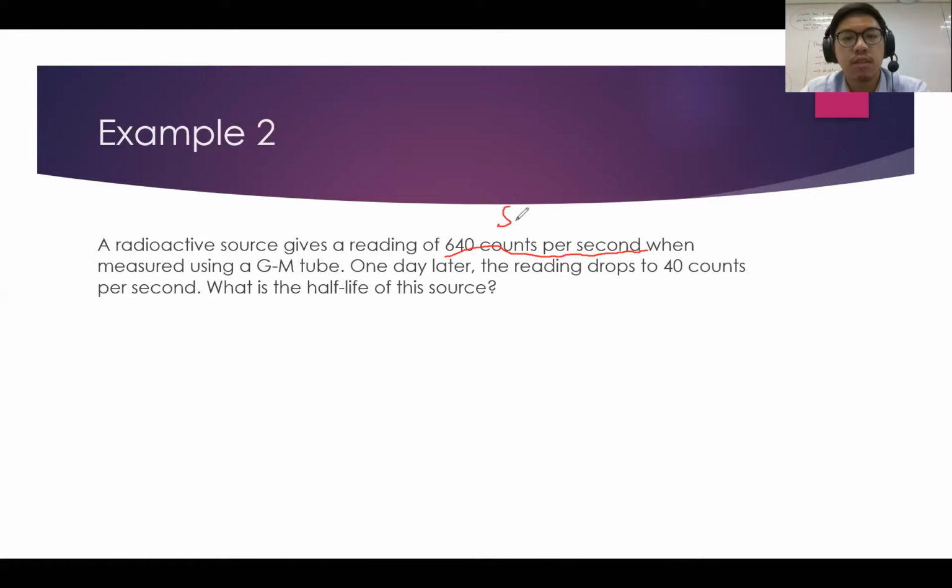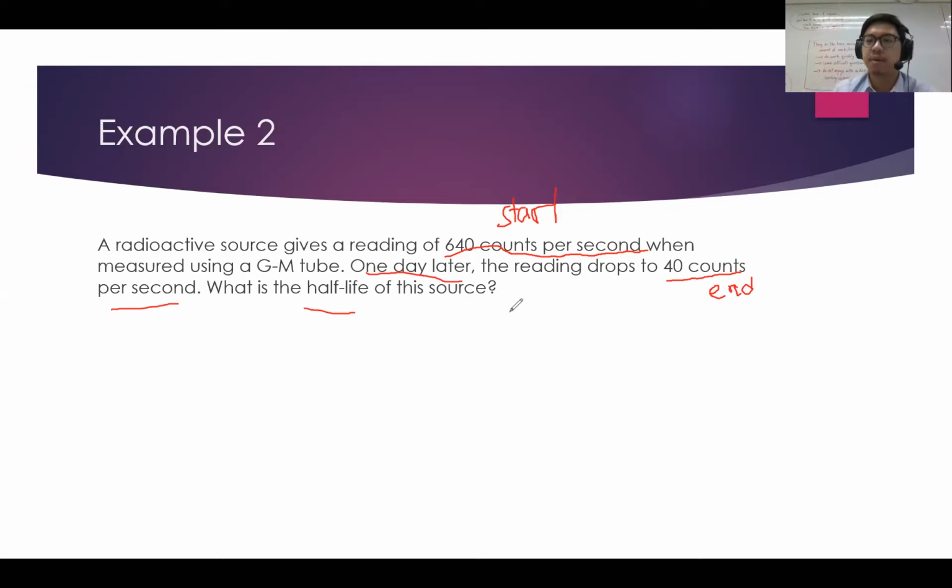So that's what you started with. And this will decay, of course, and become less. And then 1 day later, it becomes 40 counts per second. So that's at the end. And we want to know what is the half-life of this source using this piece of information.